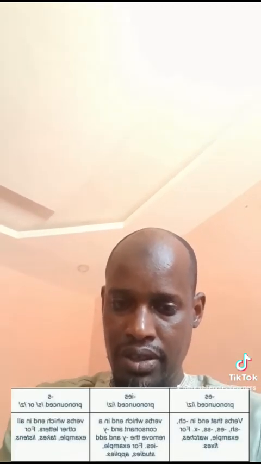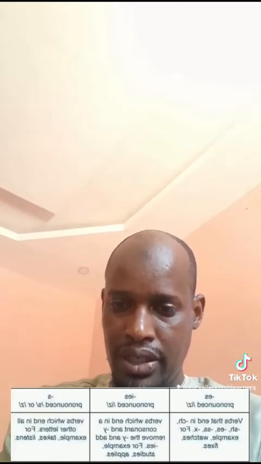The other way for the pronunciation is s, with what we call voiceless consonants or voiceless sounds, with p, t, example writes, k, for example bakes, f, example laughs, h.